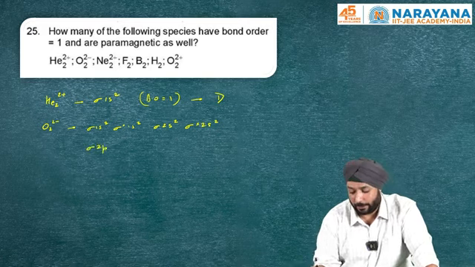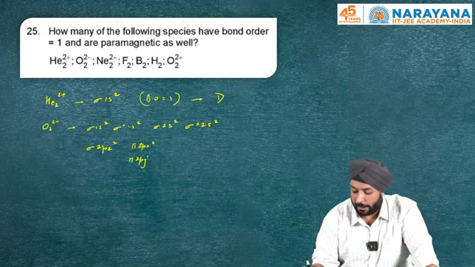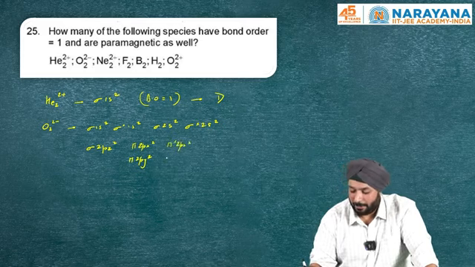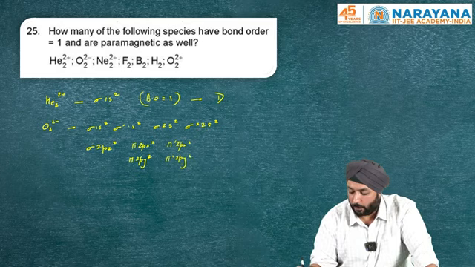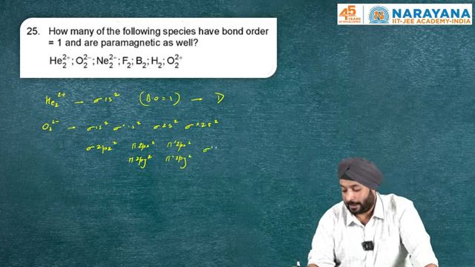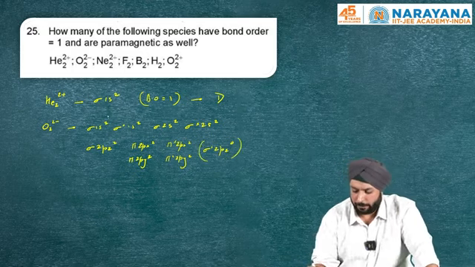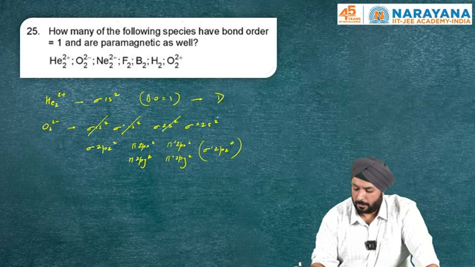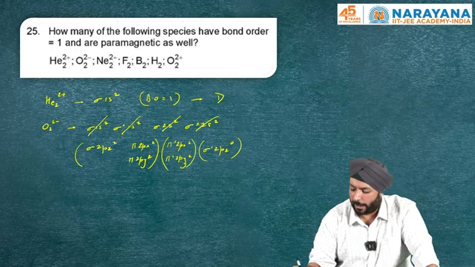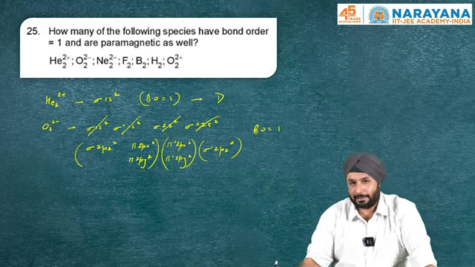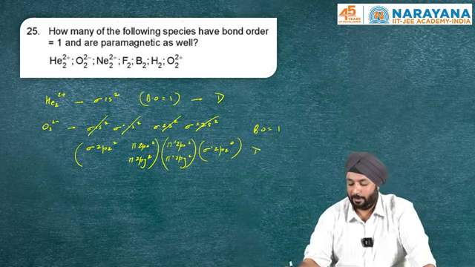Then you'll have sigma 2pz2, pi 2px2, pi 2py2. Then you have pi star 2px2, pi star 2py2, and sigma star 2pz0. It is vacant. Check bond order. Anti-bonding and bonding get cancelled. You have 6 bonding to 4 anti-bonding. So bond order comes to be 1. But again, they are not paramagnetic. It is diamagnetic because you don't have any unpaired electron. So diamagnetic.